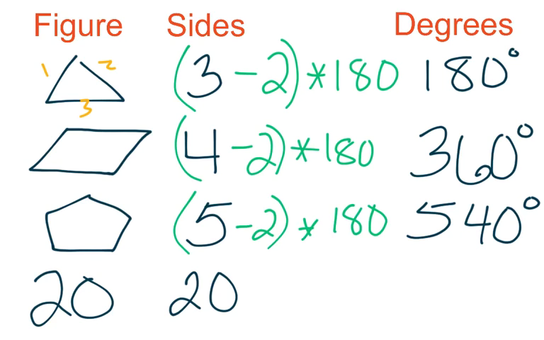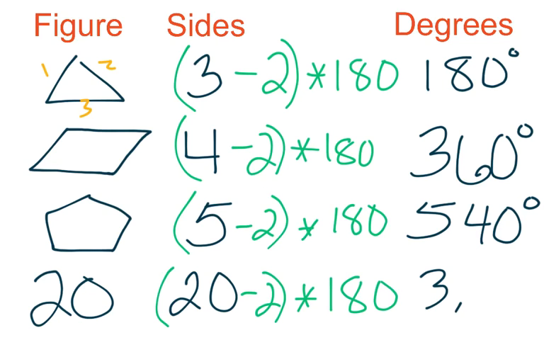So in our 20-sided figure, if we apply this rule without even seeing what that 20-sided figure would look like, 20 minus 2 would be 18, and 18 times 180 would give us 3,240 degrees. And remember, these degrees represent the three angles inside of the triangle.